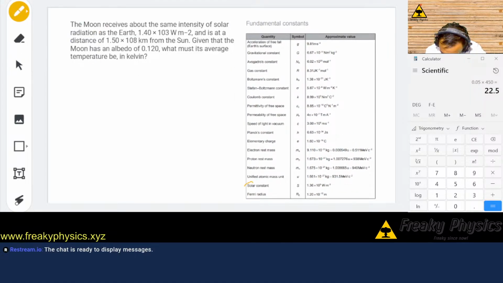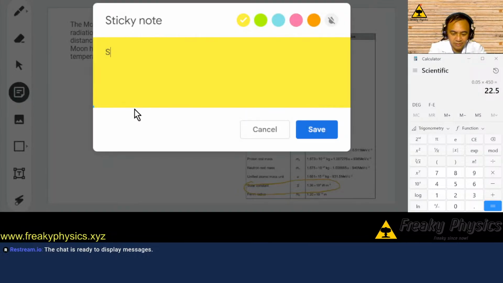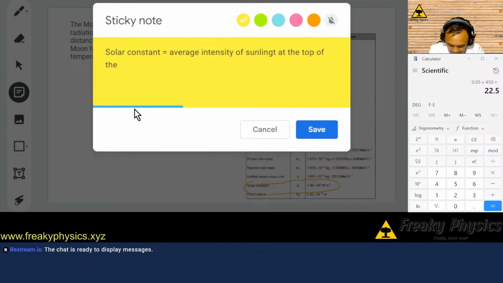So the solar constant is here at the bottom. This value, the solar constant, is the average intensity of sunlight, how to say it in a more technical way, at the top of the Earth's atmosphere.